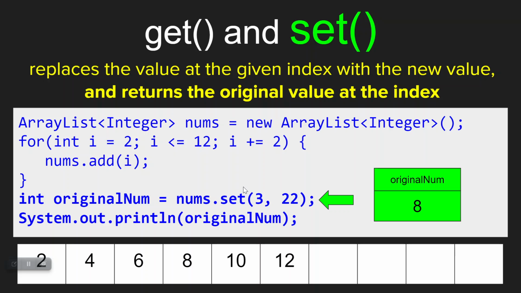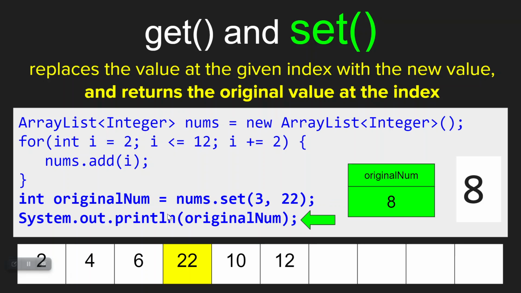When this method is called, it returns the original value at that index. So the original value is 8. That's going to store the value of 8 in our variable originalNum. It's then going to change index 3 to be our new value of 22. And when we get down here and print originalNum, we would see the value of 8 because that's what was originally returned.